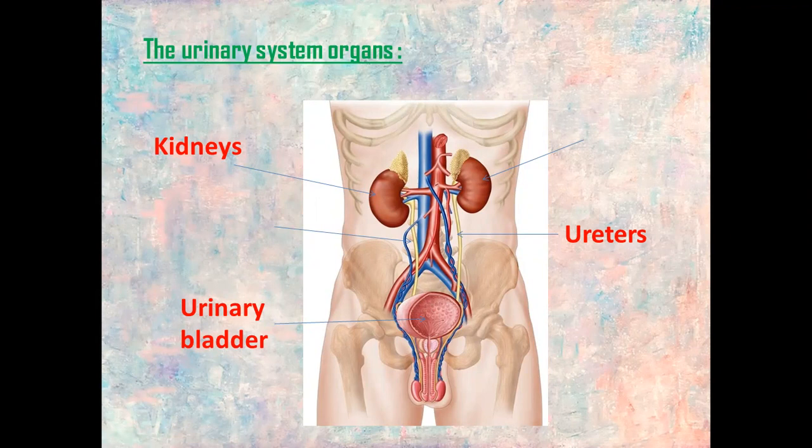The heart gives the two kidneys an amount of blood to be filtered or cleaned from any bad substances inside it. So the heart sends an amount of blood from this tube to the two kidneys. The two kidneys start to filter the blood.